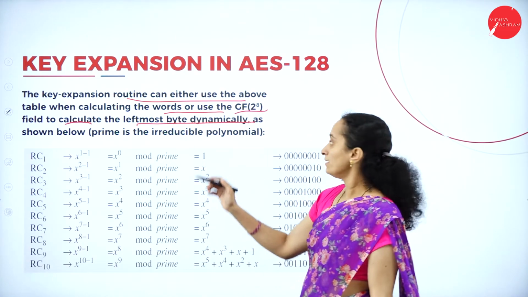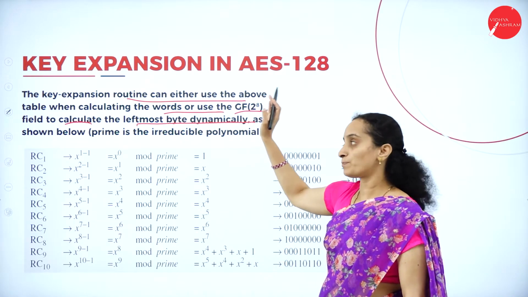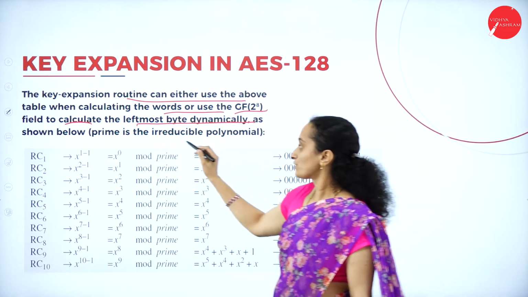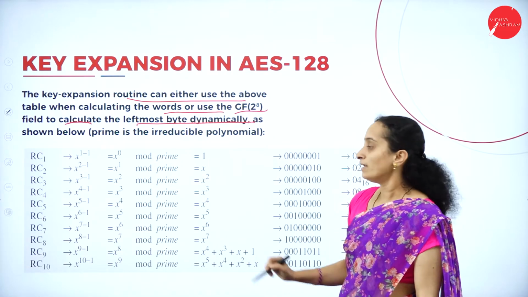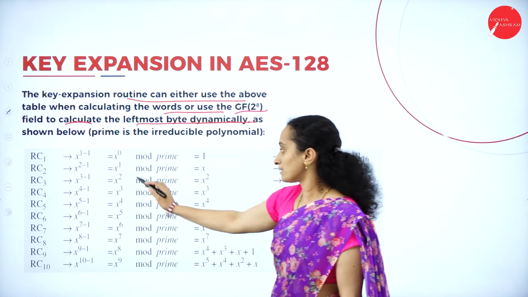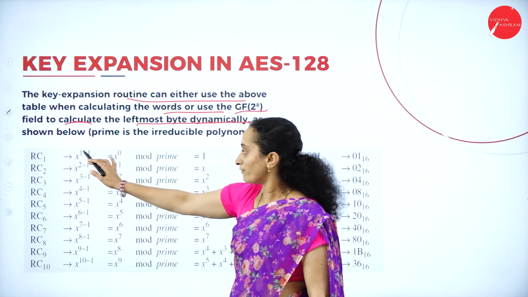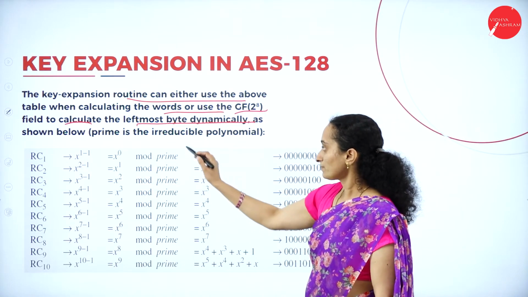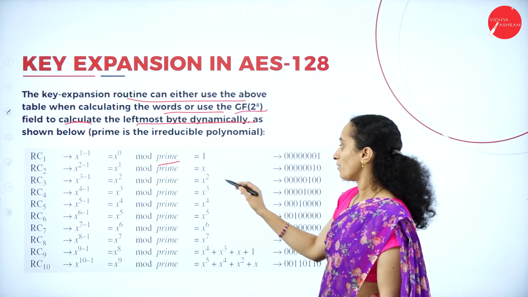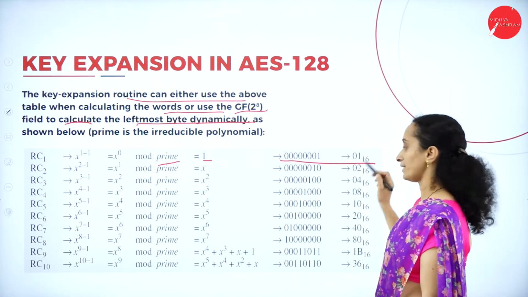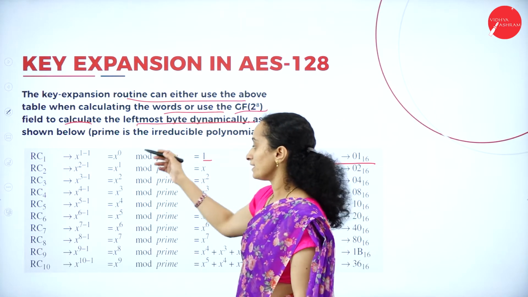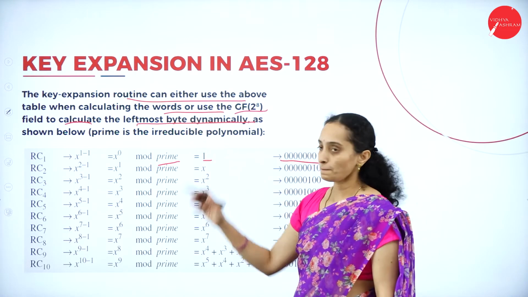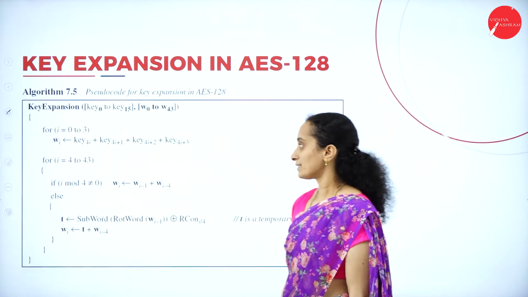By using the table or use the GF field with 2 to the power of 8 to calculate the leftmost byte dynamically, as shown below with the irreducible polynomial expressions. Okay, this is the table you can use. 1 minus 1 is x to the power of 0 mod with prime value. Prime is the irreducible polynomial which gives you 1 and calculates the hexadecimal representation. You can use again this table or this one to calculate the last byte in the constant value.